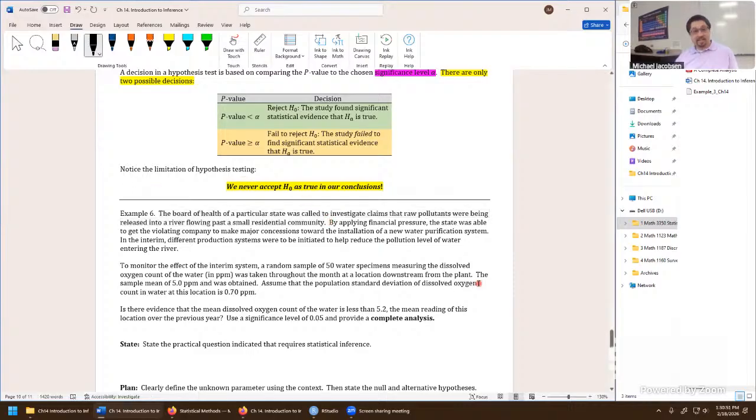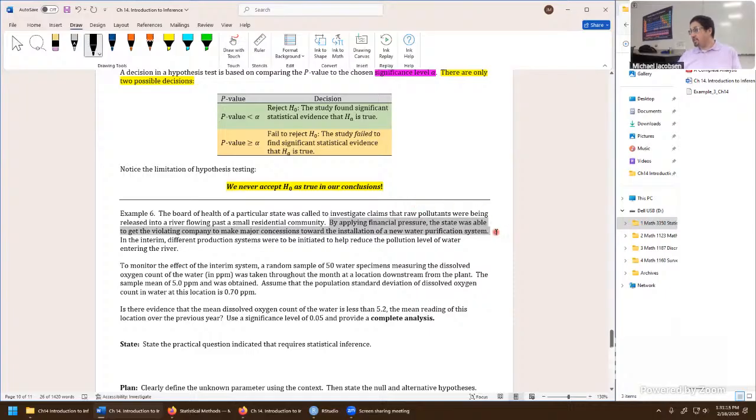The next part of the drama says, by applying financial pressure, probably fines, the state was able to get the violating company to make major concessions towards the installation of a new water purification system. So that's that whole sentence. So there's concerns of raw pollutants being dumped.